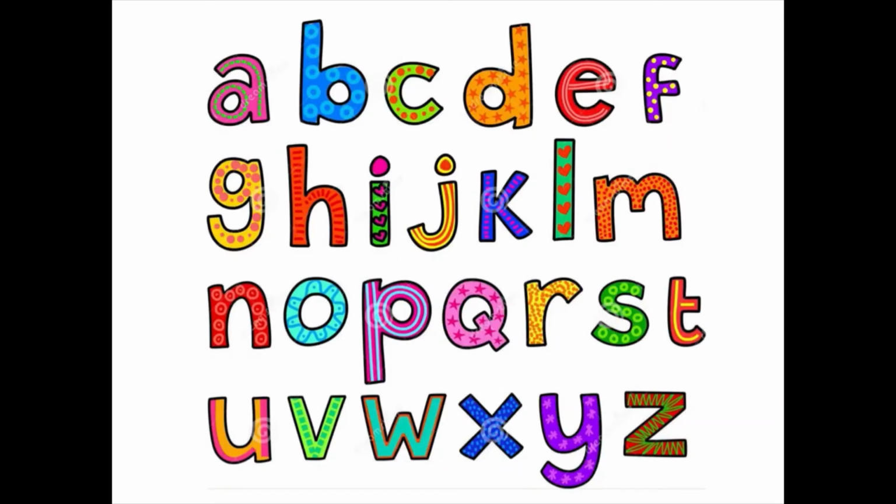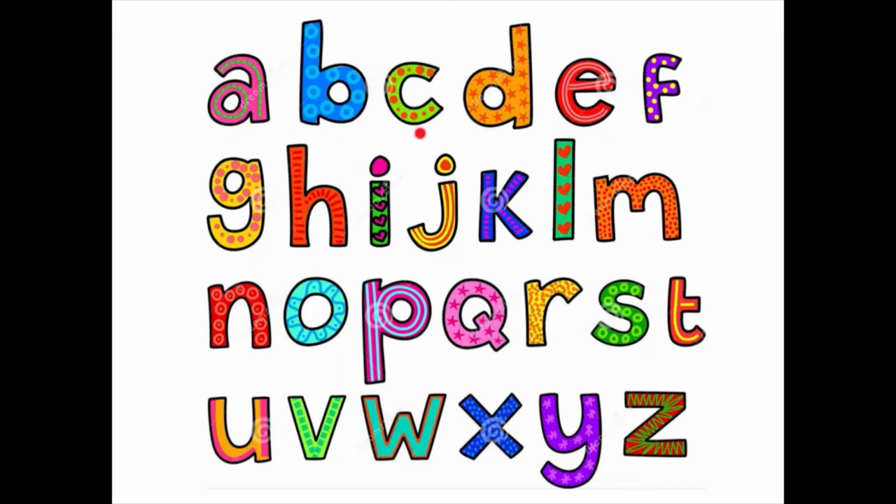The last thing we are going to do today is to talk about spelling when we are adding ing to a word. Before we can talk about that, we need to make sure that we know all the letters in the alphabet and which ones are vowels and which ones are consonants. So let's begin by just saying the alphabet together.